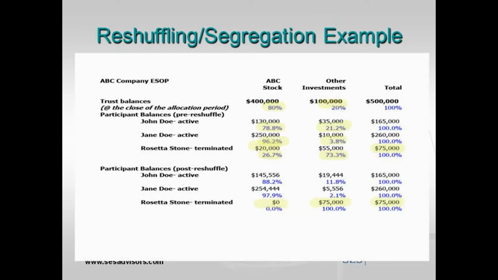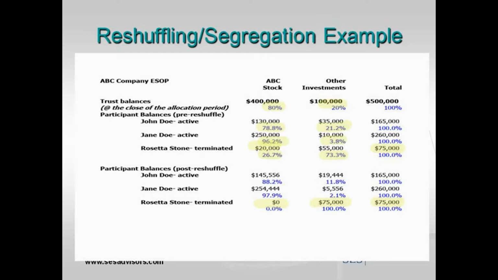This is a very common feature of ESOPs and quite popular, particularly at the point that the loans have been fully repaid. You typically want to get a jump start on your repurchase obligation. You start funding some cash in the plan. You want to get some shares to new employees.